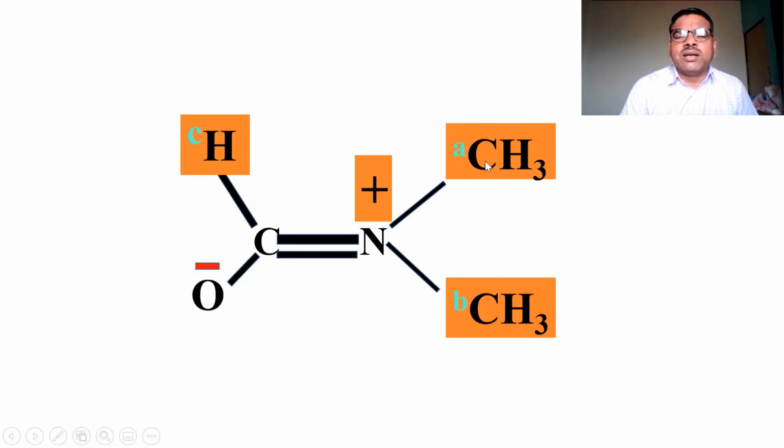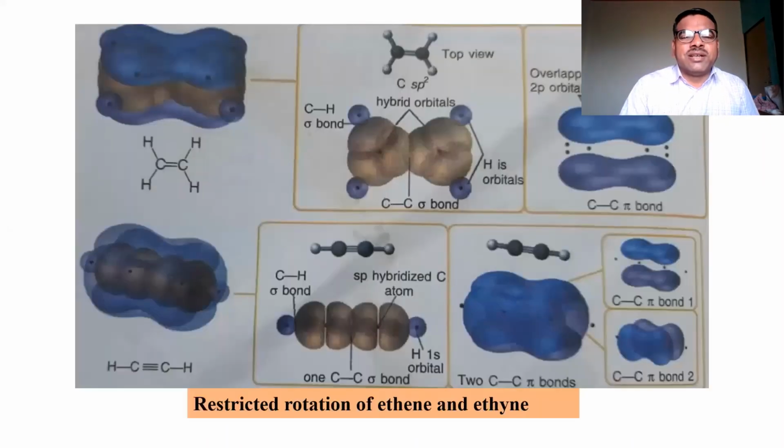So both show a doublet. In the first case it is the cis, and in the second we have the trans. So you have cis and trans coupling, and therefore both methyl groups are different and they show doublets. This is the phenomenon that we have to explain in restricted rotation.